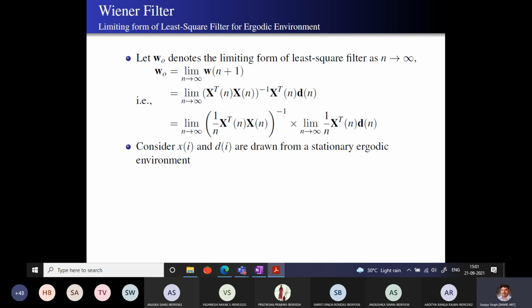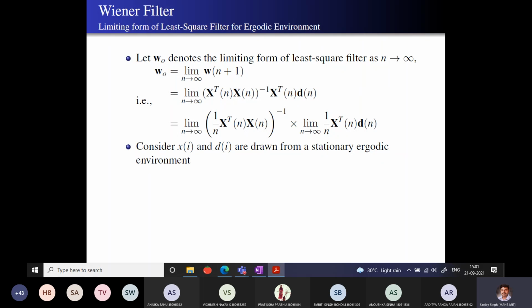Now let's consider that x_i and d_i are drawn from a stationary ergodic environment. Stationary ergodic environment means that from a particular random process, if you can draw a sufficiently long sample or realization, the statistical properties like mean or variance remain the same. They're not changing. That's why it's called a stationary ergodic process. It is applicable only for that kind of process.